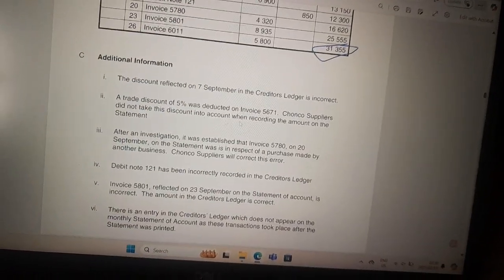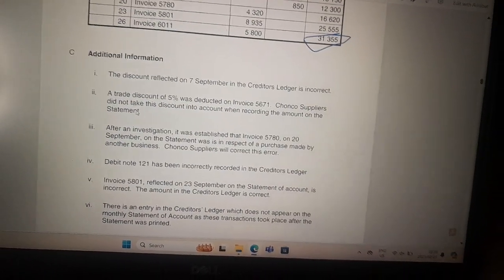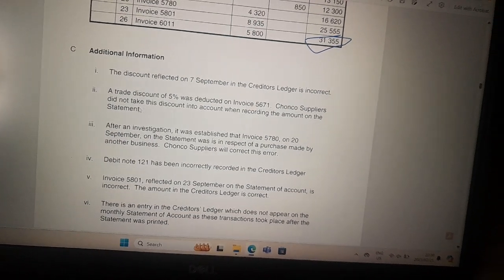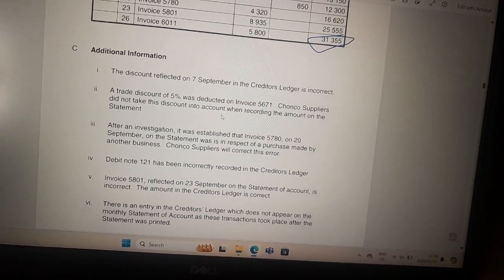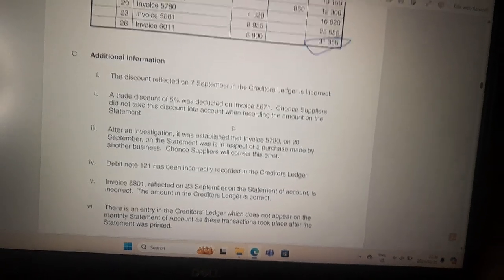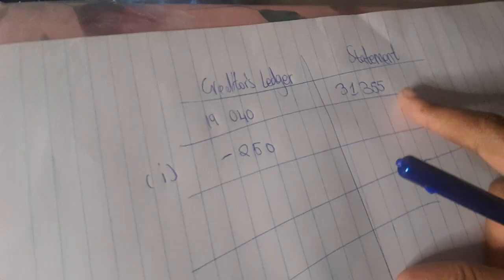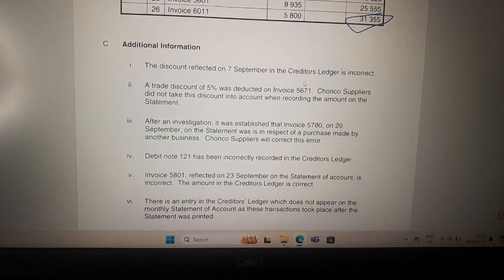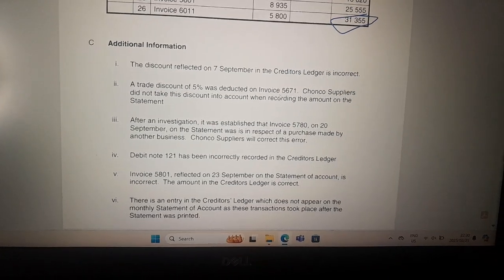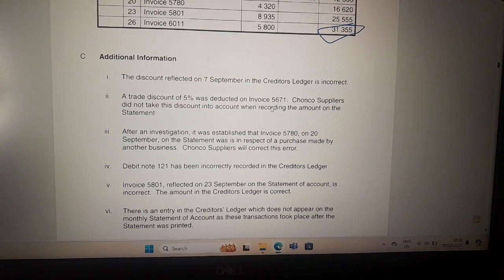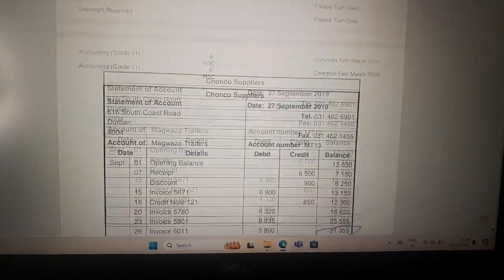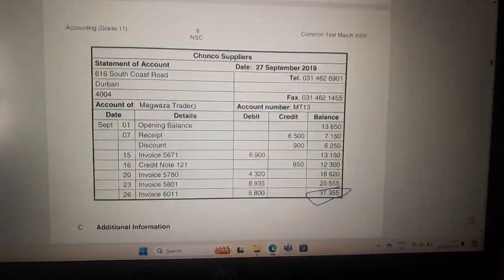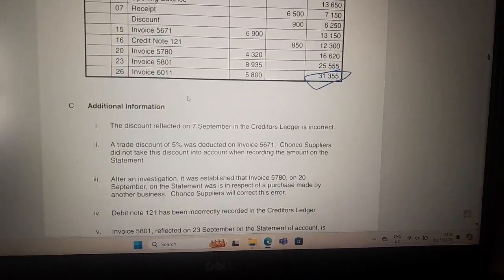They are saying that Chonko suppliers, who are the creditors and also the people that create the statement, did not take the 5% discount into account, meaning we're going to fix the statement side, because they did not take the discount into account. Remember, if the statement is incorrect, it definitely means this is correct.